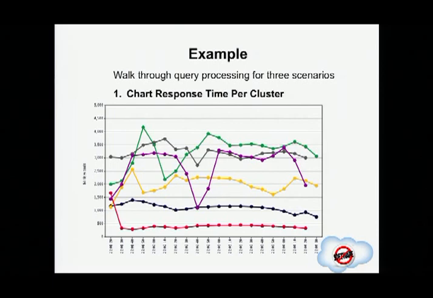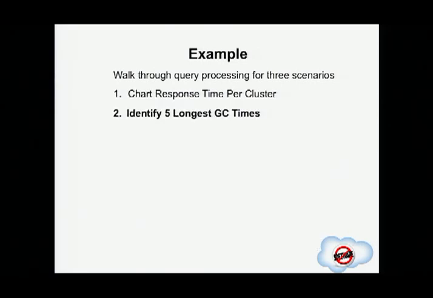Okay, so I'm going to walk through 3 examples. The first example is to chart the response time per cluster. This is where you may want to produce a line graph like this that would show you your average response time across all the machines in all your clusters. The second example is to find the 5 longest GC times.